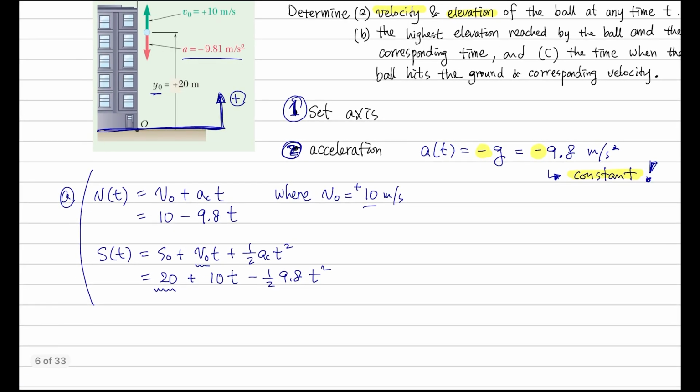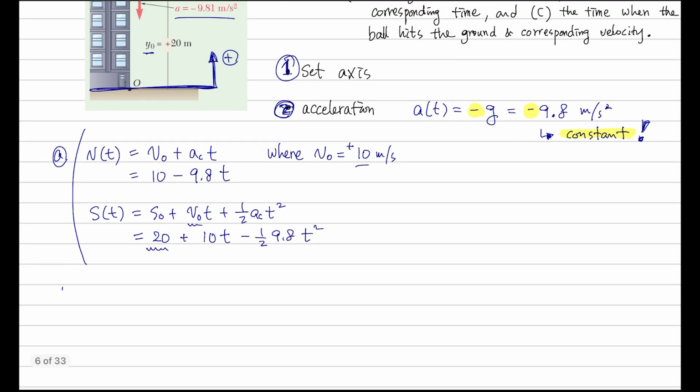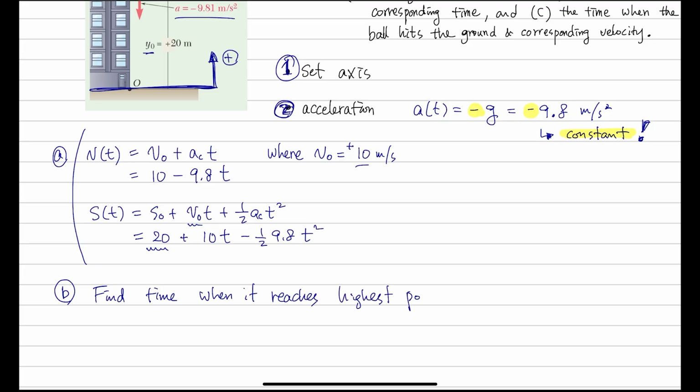And then the next case, the highest elevation and its corresponding time. So for part B, we want to find the time it reaches the highest point. What will be the clue to use here? What happens when it reaches the highest point? Velocity is 0, yeah. V of t is going to be 0. Very good.